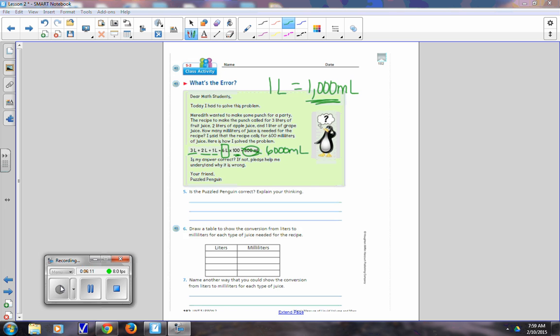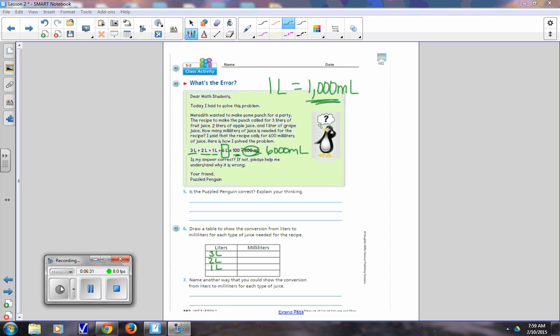Draw a table to show the conversion from liters to milliliters for each type of juice needed for the recipe. Well, this should be pretty easy. We're looking at 3 liters, 2 liters, 1 liter.